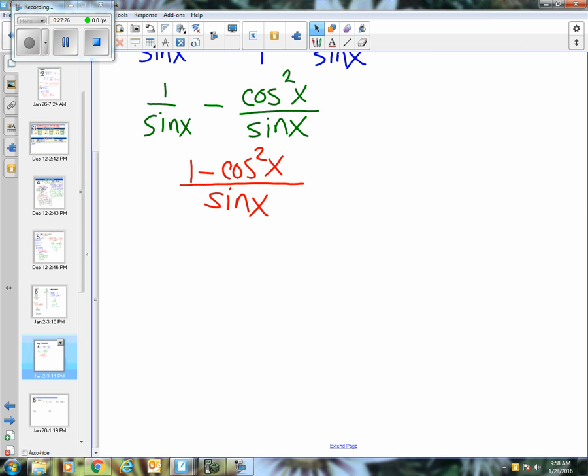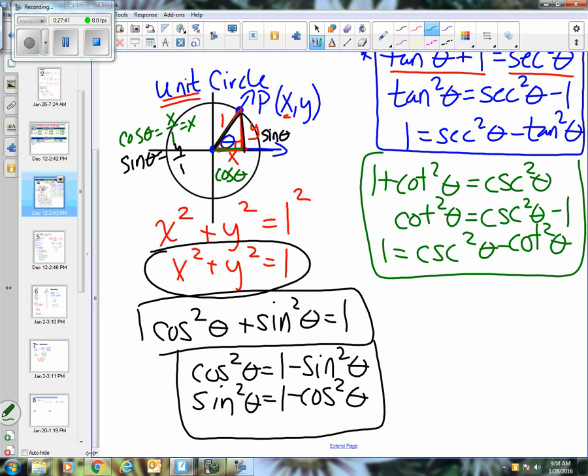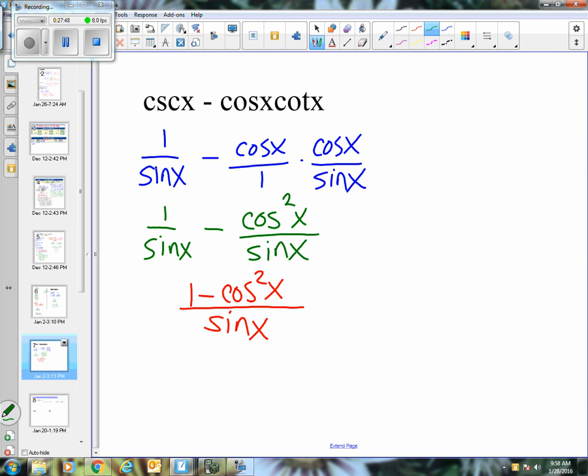All right, now a lot of people always are asking the question, okay, how do I know if I'm done? Is this simplified enough? Okay, well, if there's any substitutions you can do to make it better, you should. So I'm going to have you go back to the Pythagorean identity page, and I want you to find down there wherever we said 1 minus cosine squared. So 1 minus cosine squared right down here is equivalent to sine squared. So can that help you here?